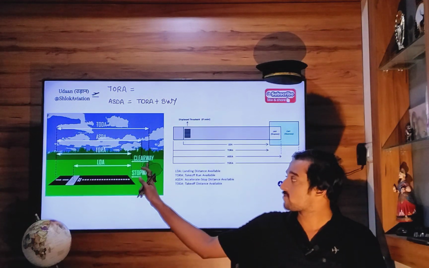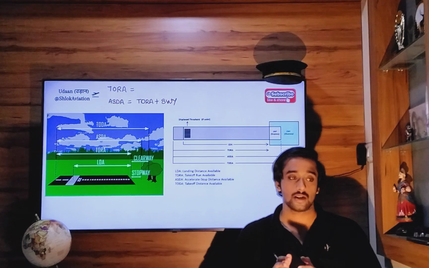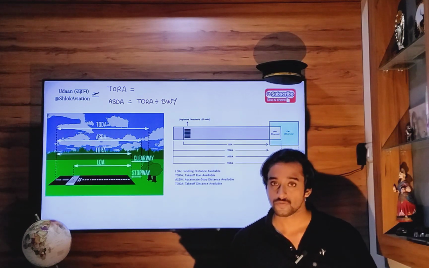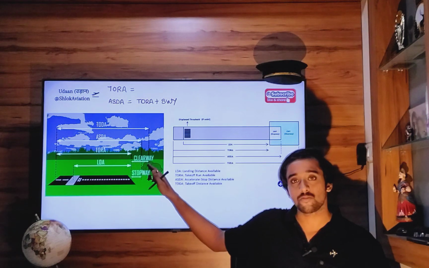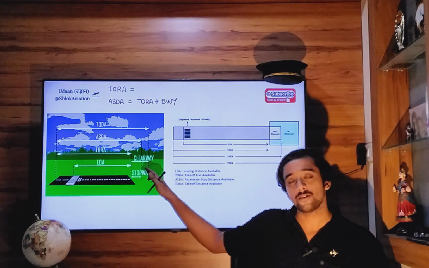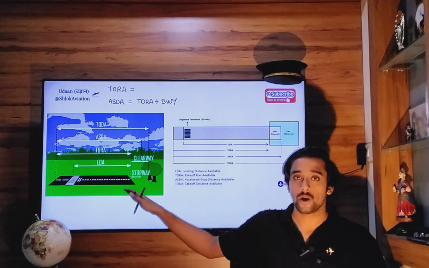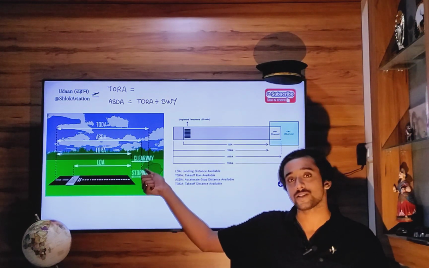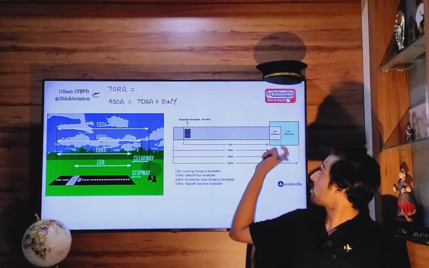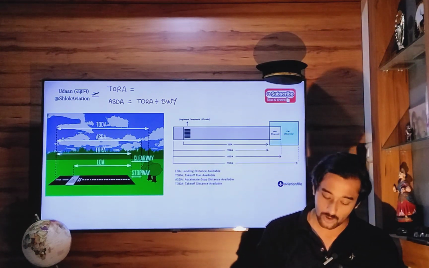Next is the concept of clearway. What is clearway? Clearway is an imaginary area that begins from the end of the runway and ends where the first obstacle penetrates your takeoff flying path. So that is your clearway. Now what is the formula for clearway?